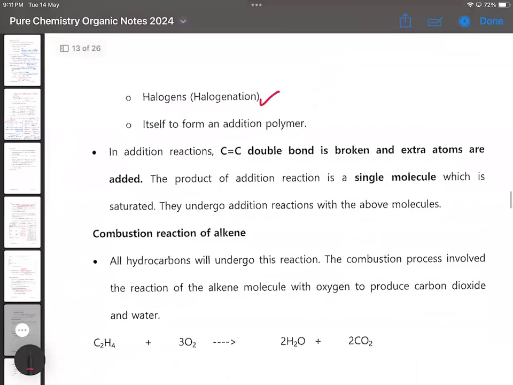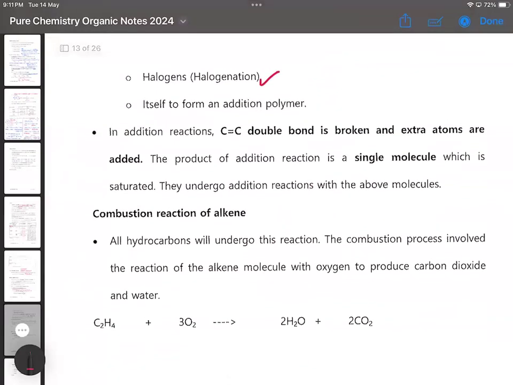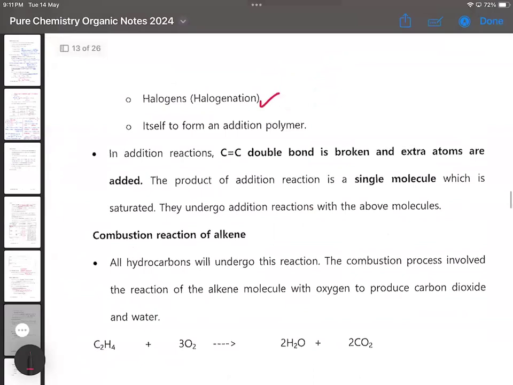Okay, so what actually happens in addition reactions? Step number 1, the CC double bond is broken. Step number 2, the additional atoms are added to it. Notice in the previous part, we said it was substitution. They exchange. But in this case, it's added. That's why this reaction is called addition reaction.